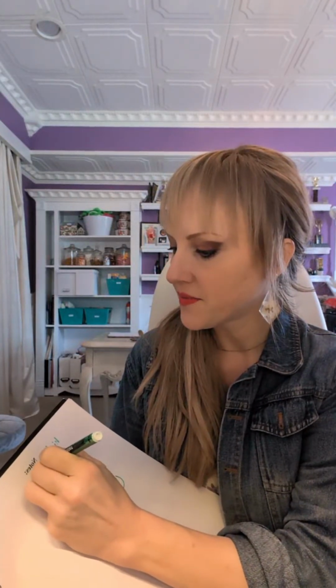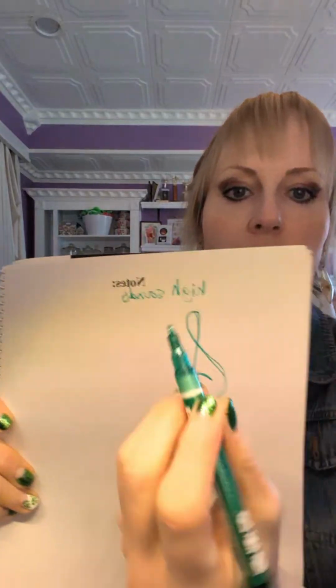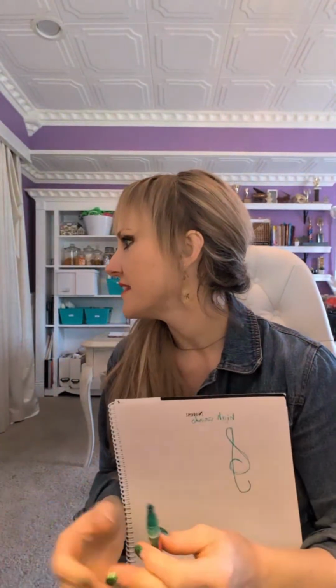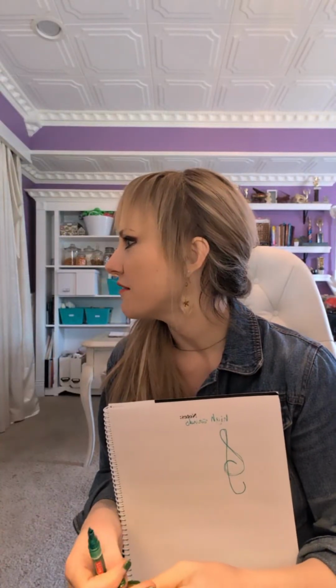It's okay if you don't know the answer. Because the treble clef is for high sounds, and the word treble means high. The word treble means high sounds, and when you use the treble clef, you make high sounds. That's why it's called the treble clef.